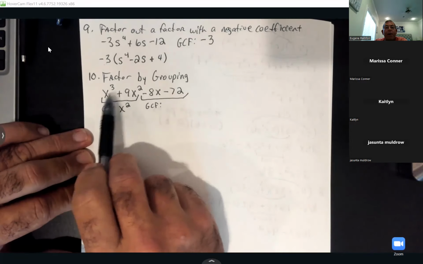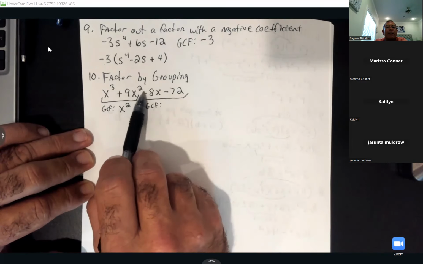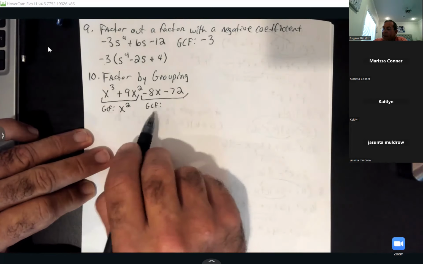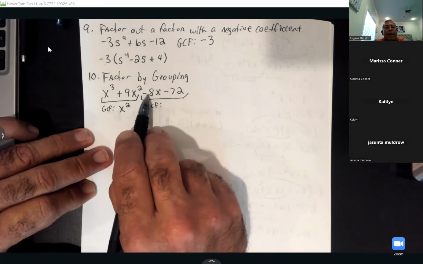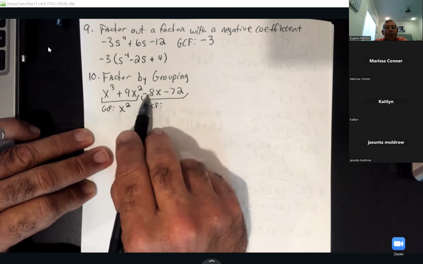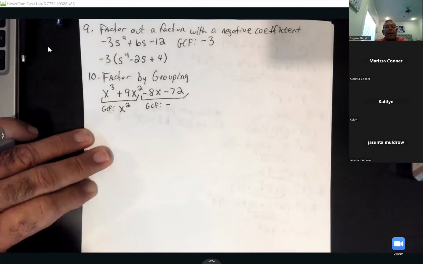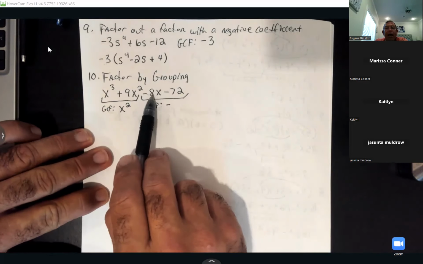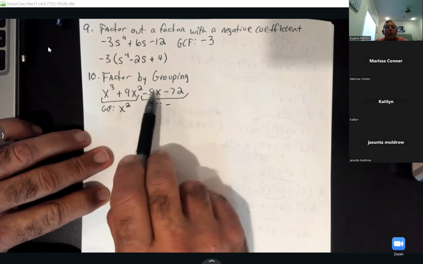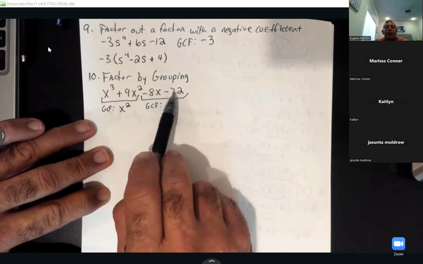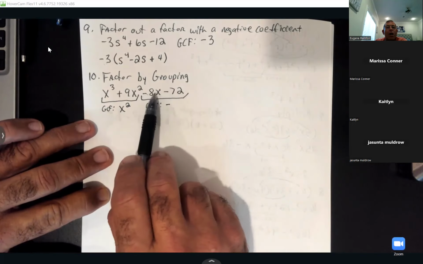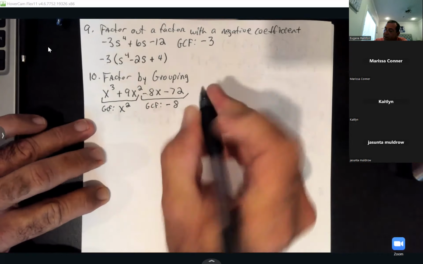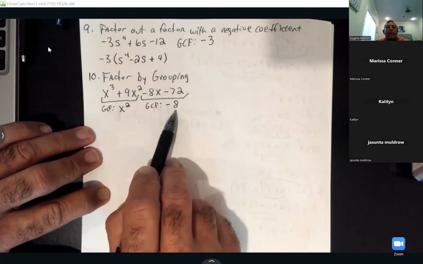Remember, when you compare the variables, the GCF always has the smallest exponent. Now, the second GCF always has the same sign as that 3rd term. So that second GCF has to be a negative. And then y'all, 8 and a 72, the greatest factor they both have in common would be the 8. So my second GCF, we're going to factor out that negative 8.